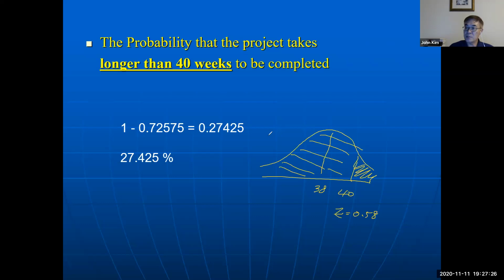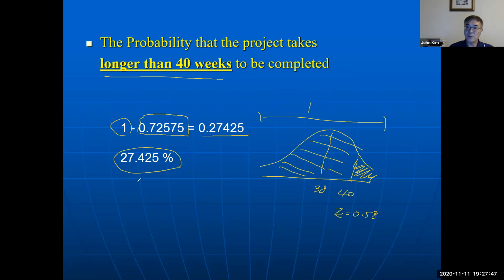So "longer than" is 1 minus the left side, since the total area under the normal distribution is 1. So the answer, longer than 40 weeks, will be 27.425%.